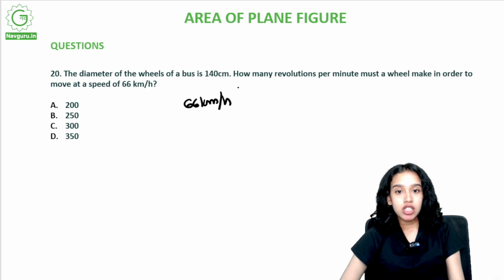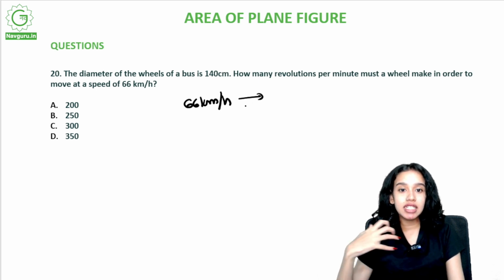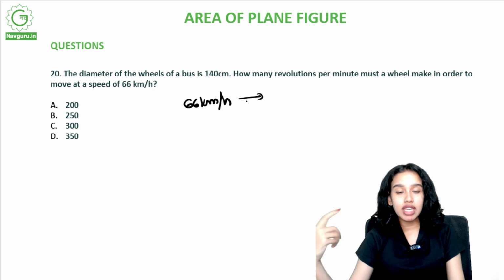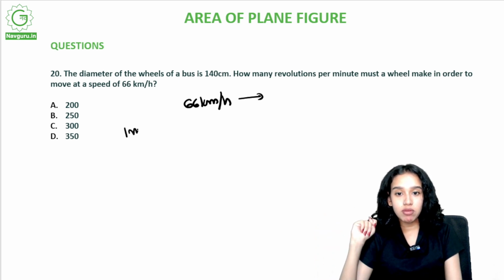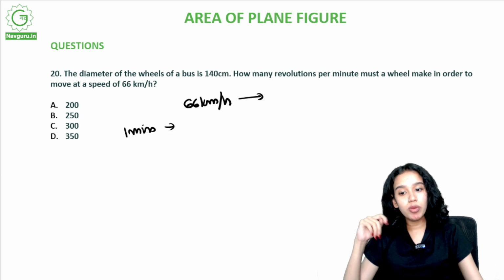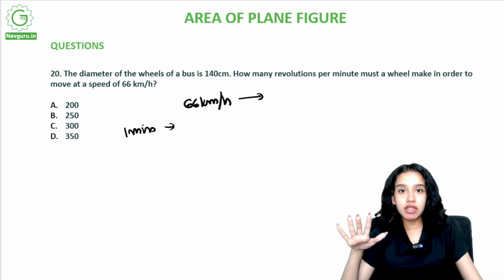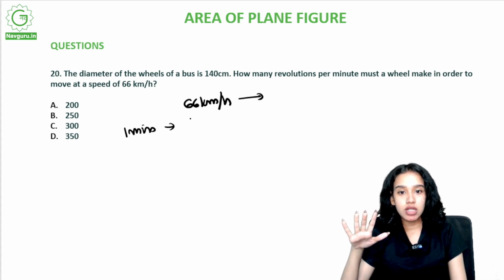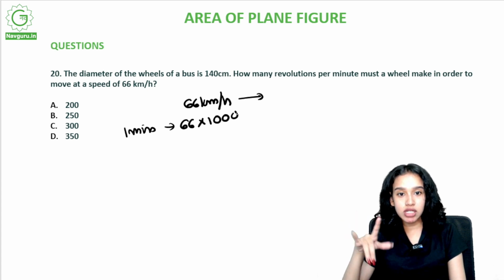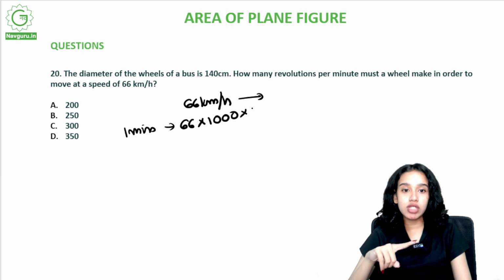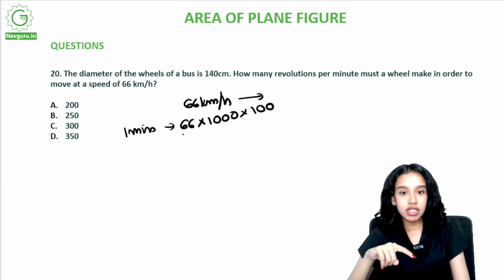So, how many centimeters is it moving in 1 minute? In 1 minute, how many centimeters would this wheel move is my question right now. First of all, the distance covered by the wheel in 1 minute would be equal to 66 into 1000, because it's in kilometers, we are changing into meters, and meters to centimeters, it's again 100, right?